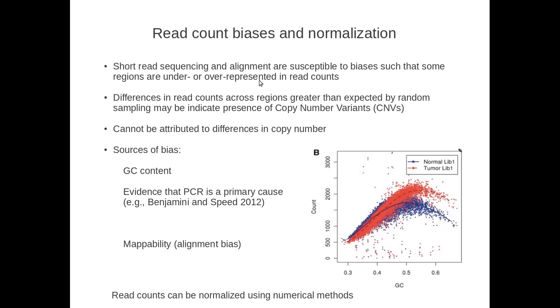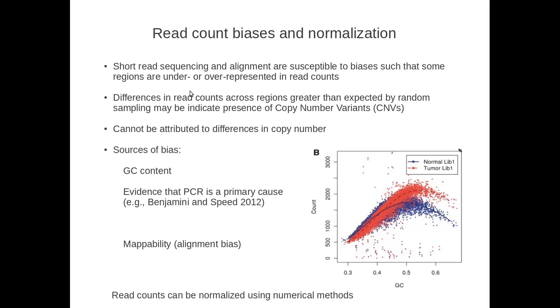So one of the problems with the read count methods are known biases, and there's a couple of really important ones. Certain regions are susceptible to these biases and are either under or overrepresented in the read counts.